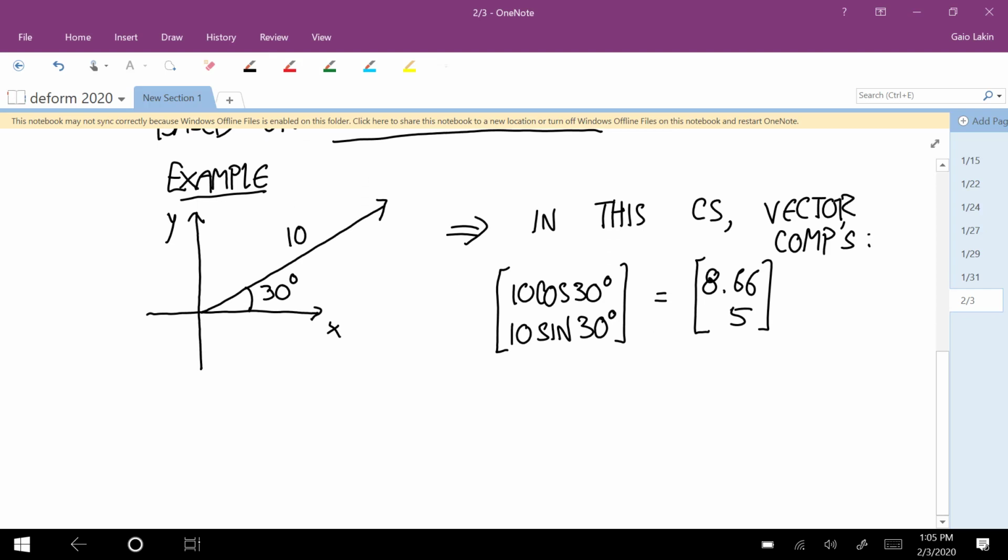But you could represent this vector in any coordinate system. So in a different coordinate system, components of the same vector would be different.